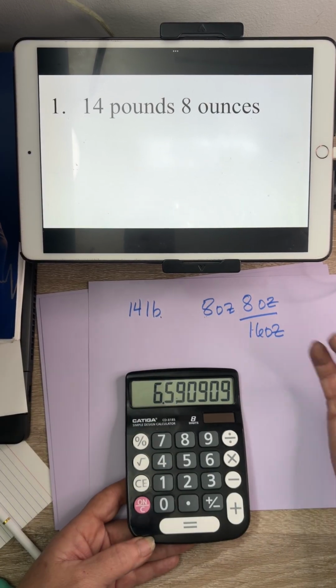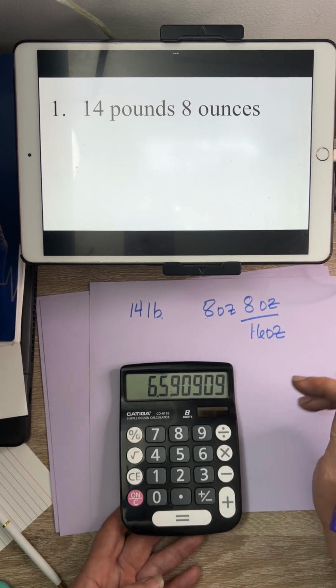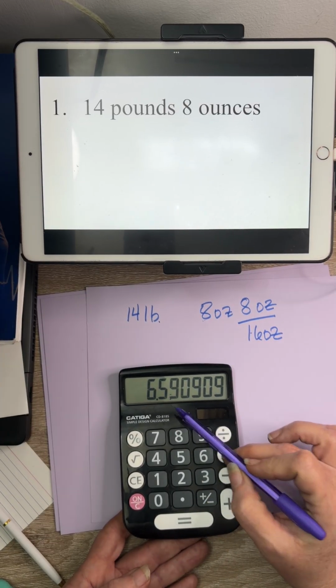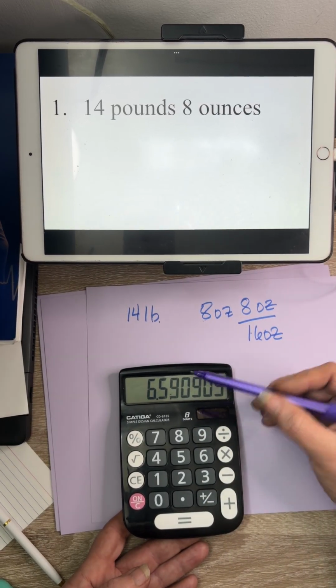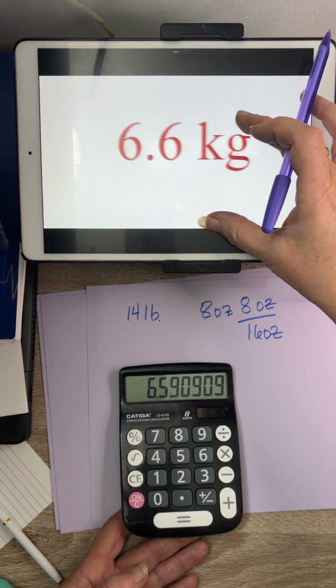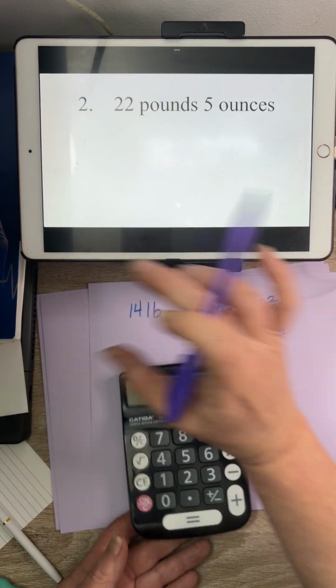Sometimes they'll want you to round it to the hundredth just to see if you can. In this instance, that 9 is going to make that 5 a 6. Look, we saved them. You see that? All right, let's do another one.